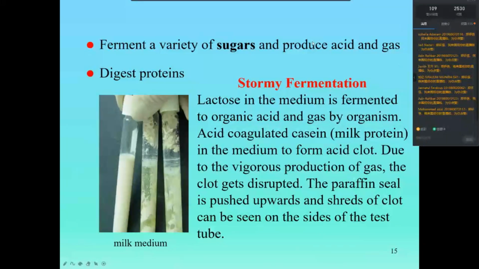And the acid will denature the proteins, so the proteins will clot. So that's a very special characteristic. And we call this reaction stormy fermentation because it's so vigorous. This is one typical experiment to diagnose perfringens.